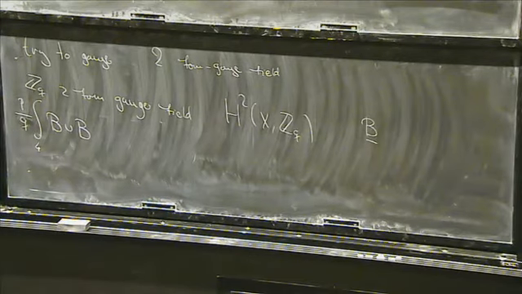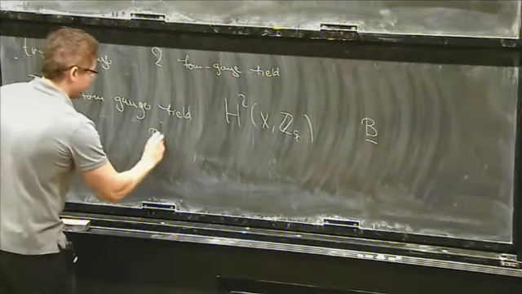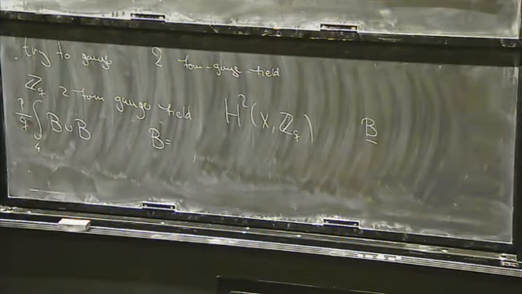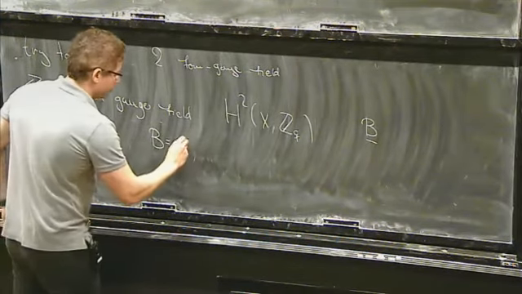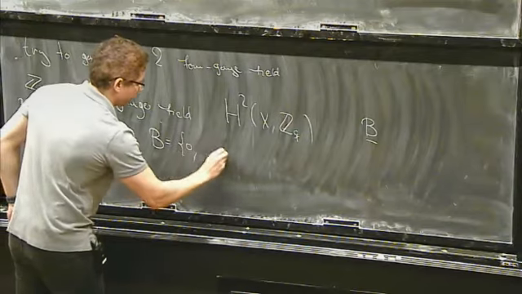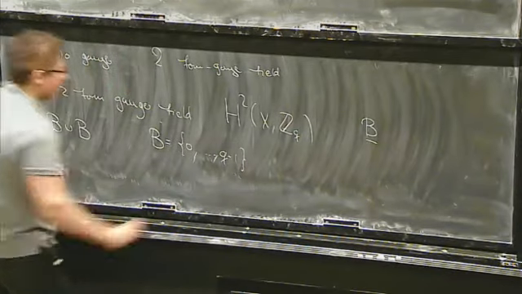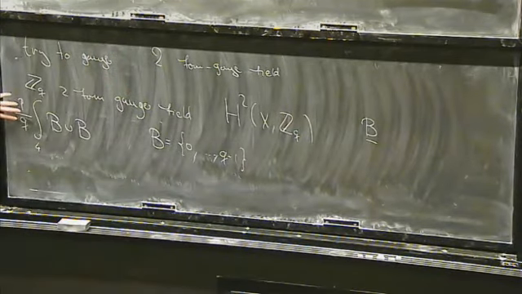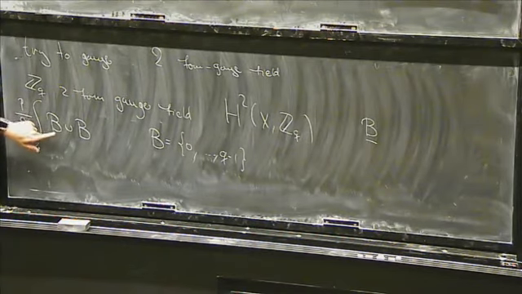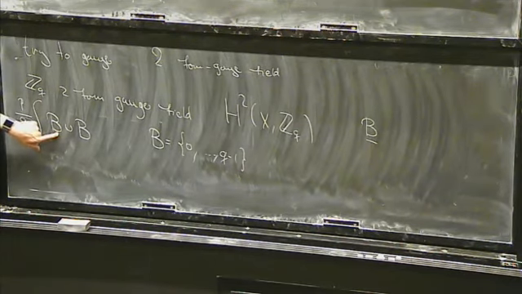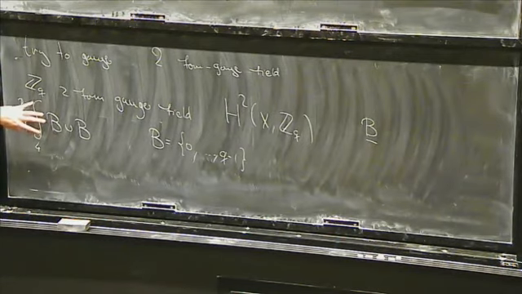So let me explain why this is true. You can think about B intuitively as valued in ZQ, so it's 0 to q minus 1. What are the requirements on these coefficients? It has to be an integer over q, because B is only defined mod a multiple of q. If we shift B by q times something, the whole thing has to be an integer, so that the exponential of this thing is well defined.